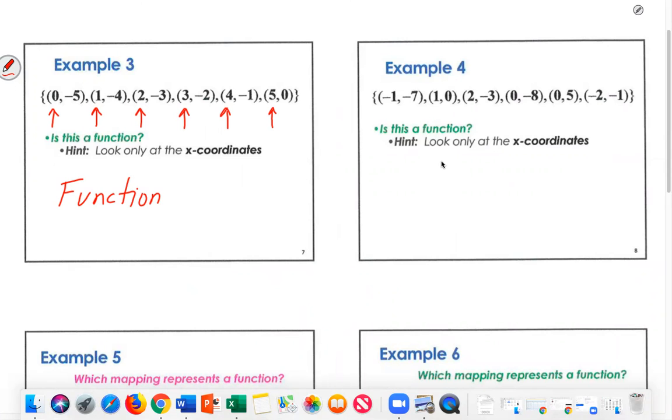And here with example 4, let's look at this. For example 4, I'm just going to look at my domains.